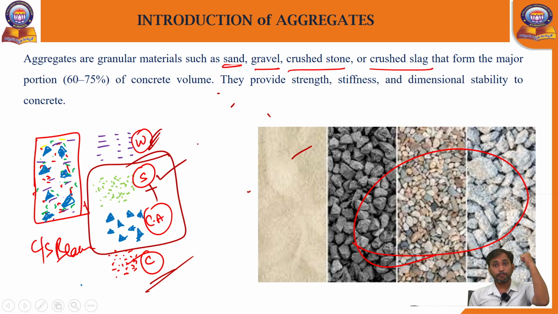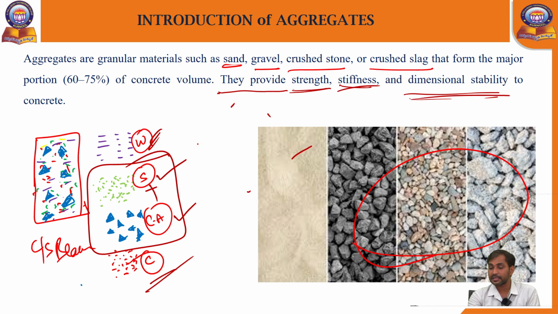To improve the strength, the coarse aggregate provides it. If these two conditions are satisfied, then it provides the strength, the stiffness and the dimensional stability of the concrete member.